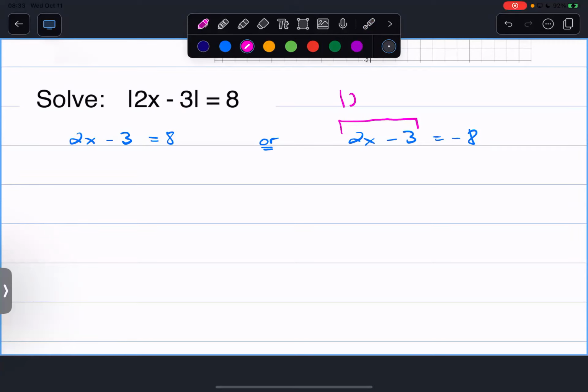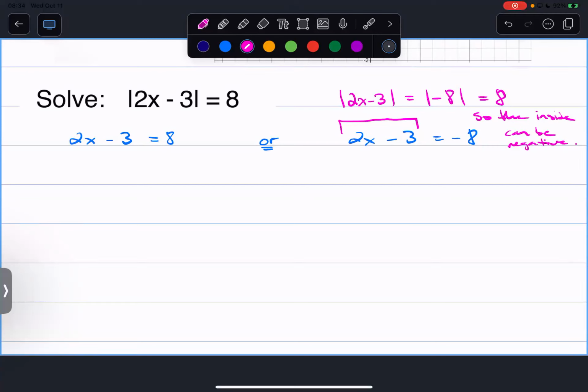The absolute value of 2x minus 3, if it's equal to negative 8, is equal to the absolute value of negative 8, which is 8. So the inside can be negative, if that makes sense.